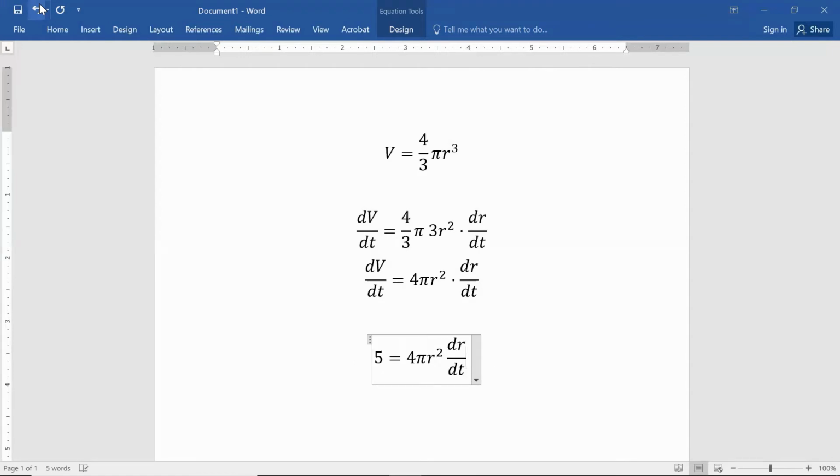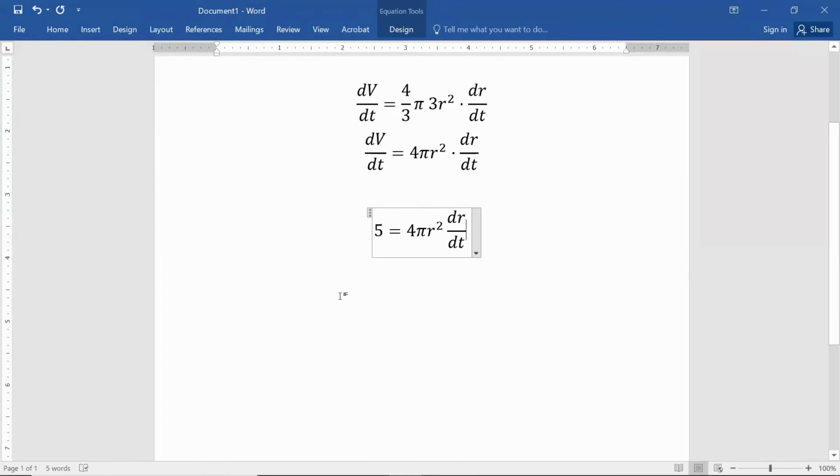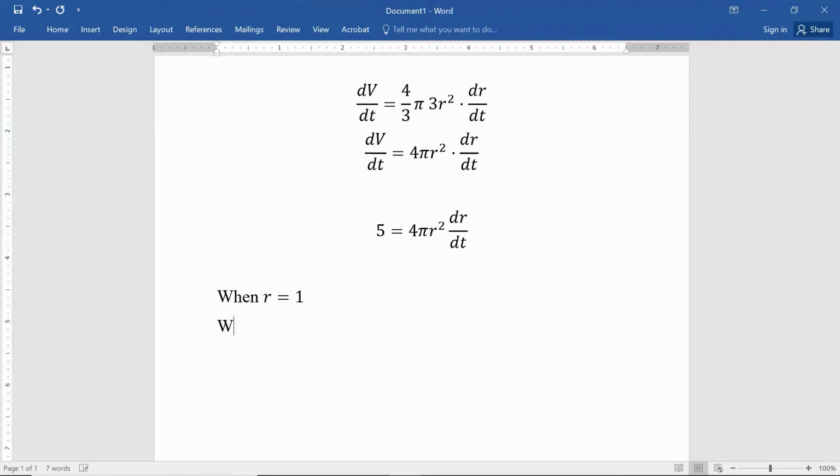And now we can find the rate of change of the radius when the radius is 1 centimeter, when the radius is 10 centimeters, and when the radius is 50 centimeters. We'll do these one at a time.